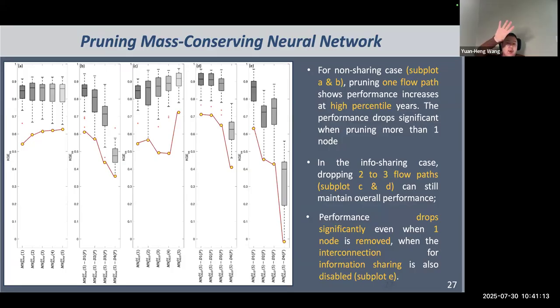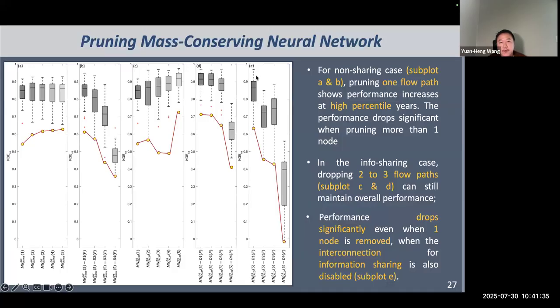But I didn't really take away, when I say take away, I mean set the parameter to 0, I didn't set those interaction terms to 0. So you see, we only shut down the flow paths. So at the beginning, even if you remove 1 flow path, 2 flow paths, or even 3 flow paths, the performance does not decrease that much.